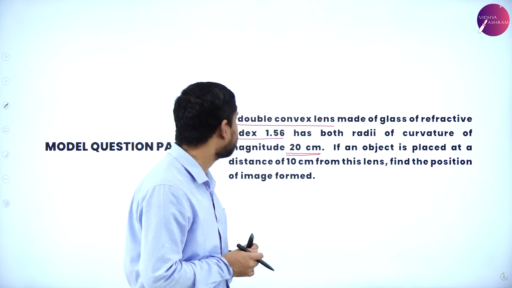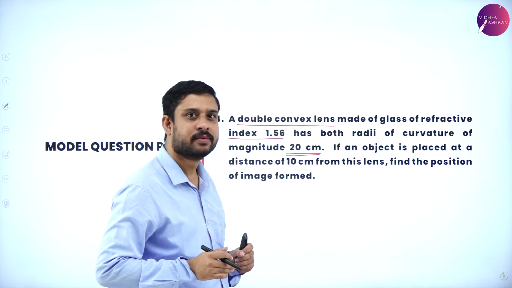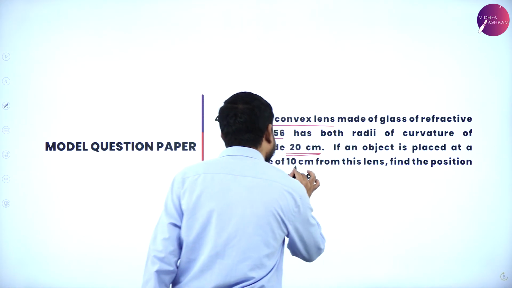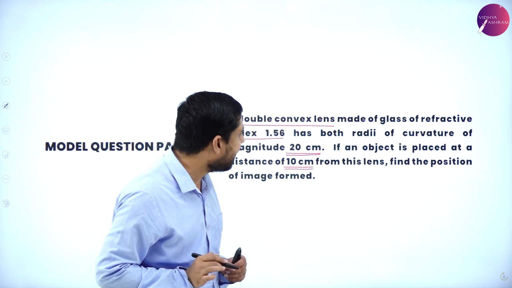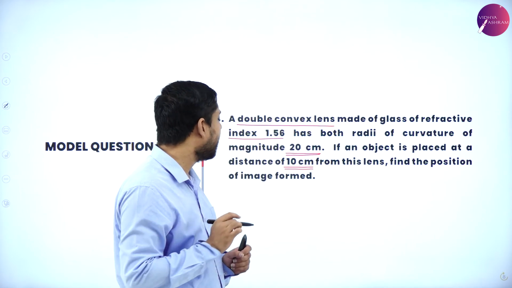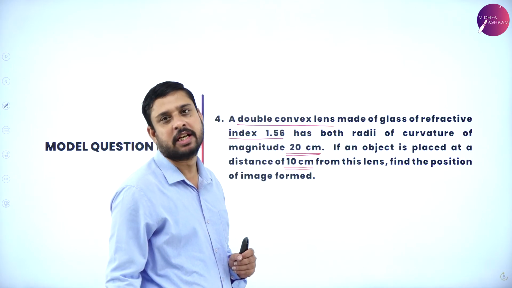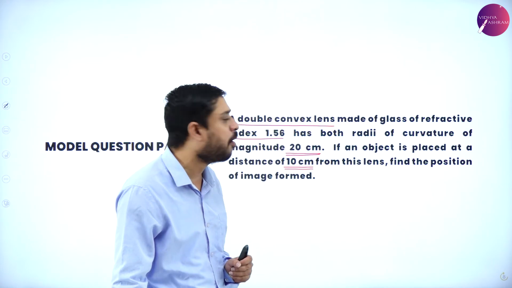If an object is placed at a distance of 10 centimeter from this lens, find the position of the image formed.